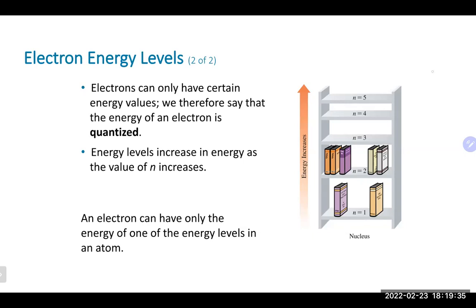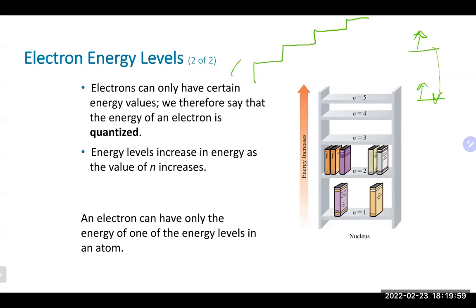When we talk about electrons gaining energy, the electron is either on this energy level on the bottom, or it will gain enough energy to get to the one at the top. And the same thing happens when it goes down. It will either be at this one or it will lose enough energy to completely go down. The idea of this is kind of like when you walk stairs, right?